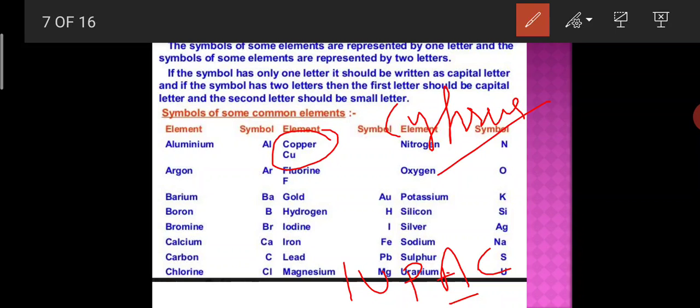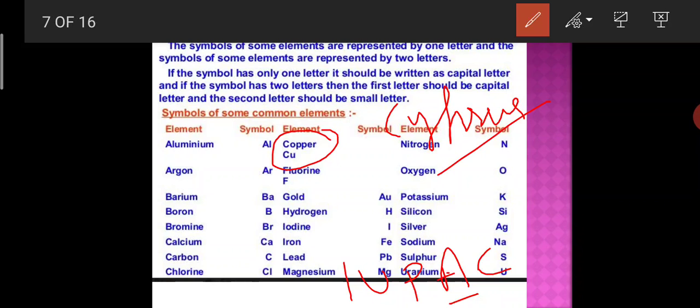The first letter of the symbol is always written in uppercase and the second letter in lowercase. If there is a single letter, it should be written in capital letter. If there are two letters, the first letter should be capital and the second letter small.